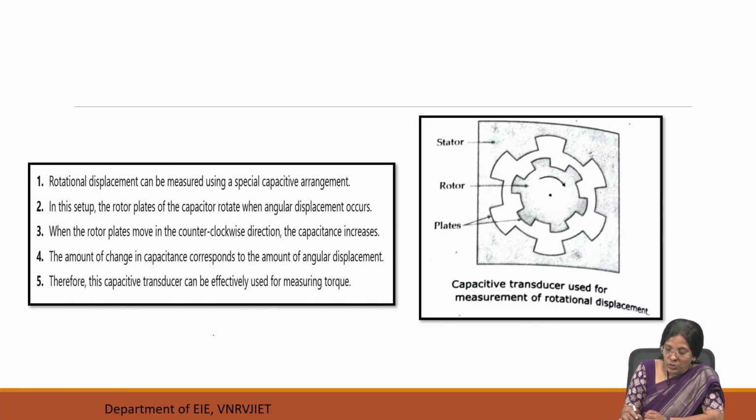And one more example is this capacitive transducer used to measure rotational displacement. In this one, we are using a rotor and a stator. When the rotor is rotating in the counterclockwise direction, it gives the angular displacement.